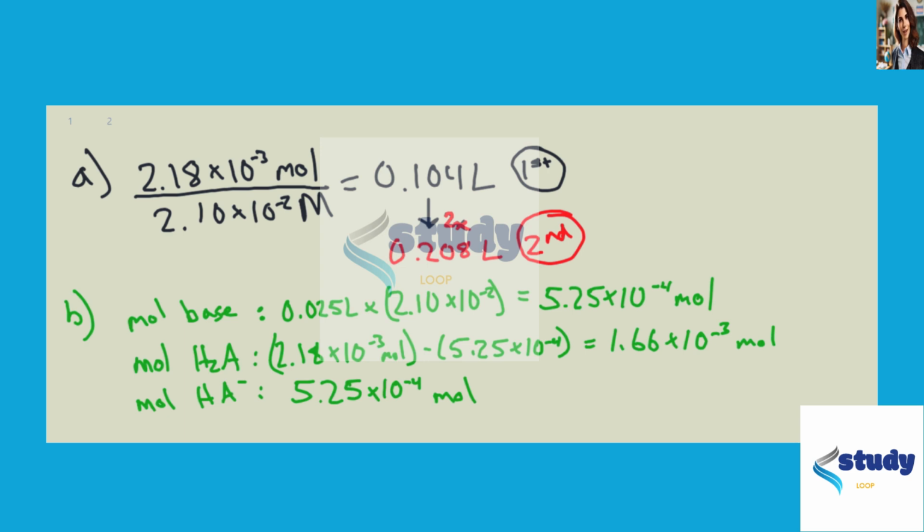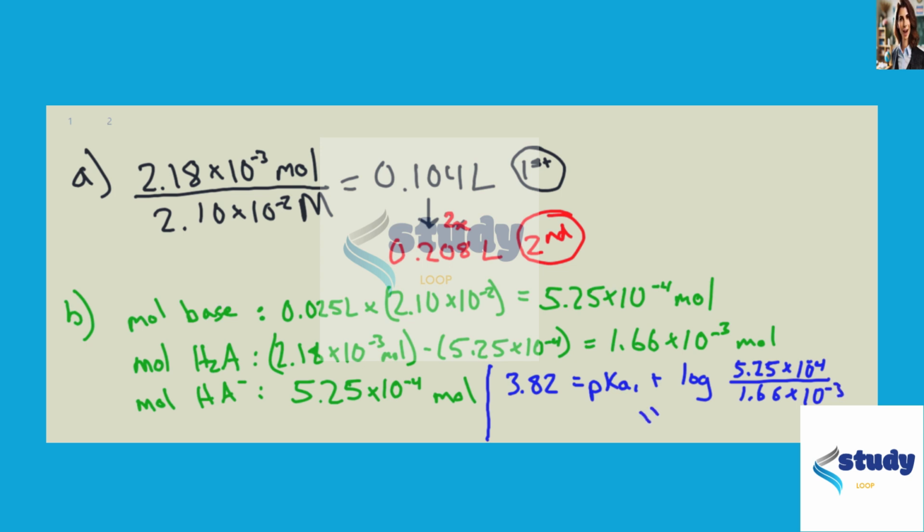So we have 3.82, the pH we're told, is equal to pKa1 plus the log of base over acid, which is 5.25 times 10 to the minus 4 divided by 1.66 times 10 to the minus 3.